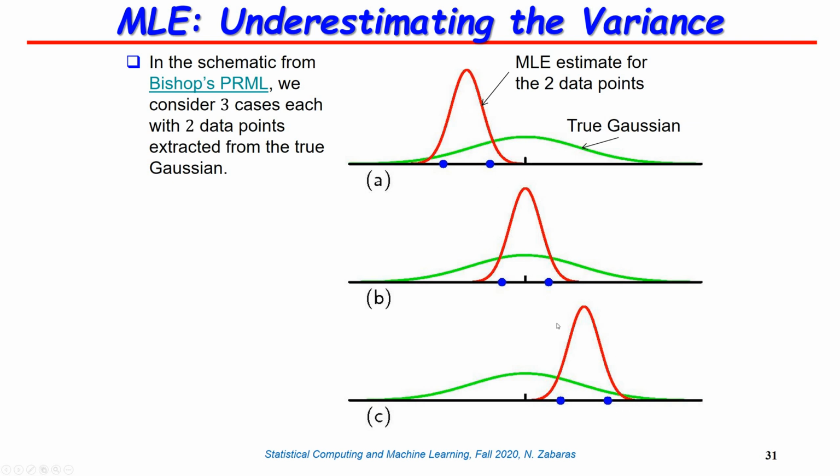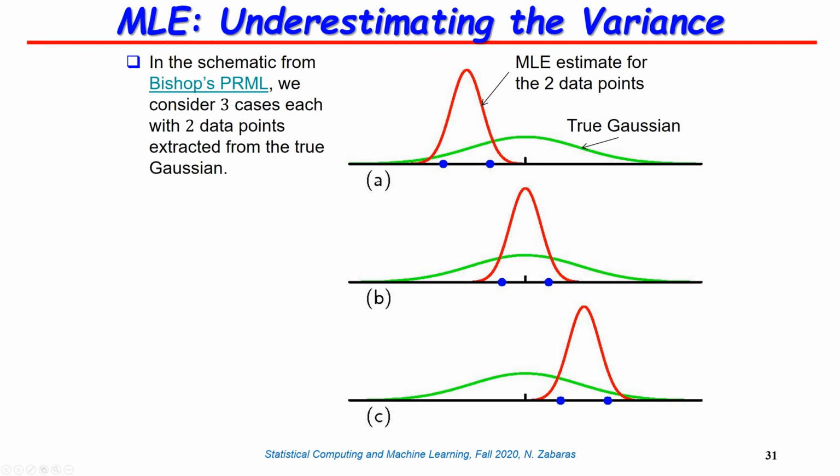And we said when you take the mean and you average the three cases, you get more or less the true mean of the true Gaussian that generated the data. But the variance, using only 2 points, is underestimated. All of these have more or less the same sample variance, so when you average them, you get an underestimation of the true variance of the true Gaussian.